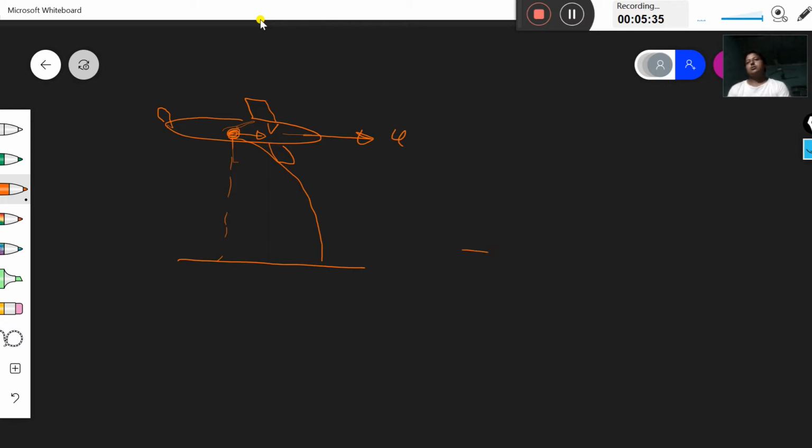Or we can project a body on an inclined plane like this.